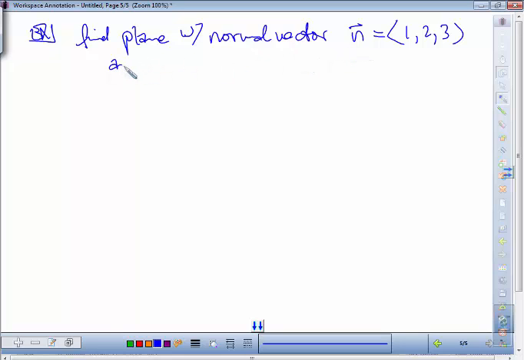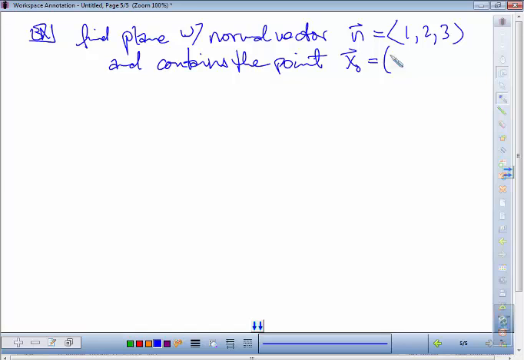Normal vector and containing the point, what should our point be? No, let's make it a little bit different. 4, 3, 2. Let's make one of them negative. Let's make the 3 negative.